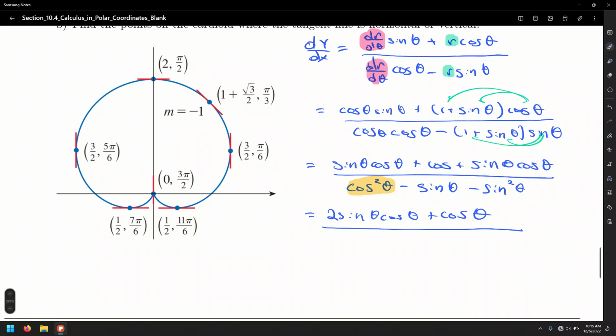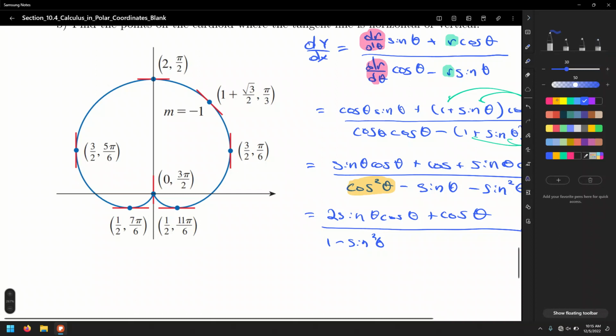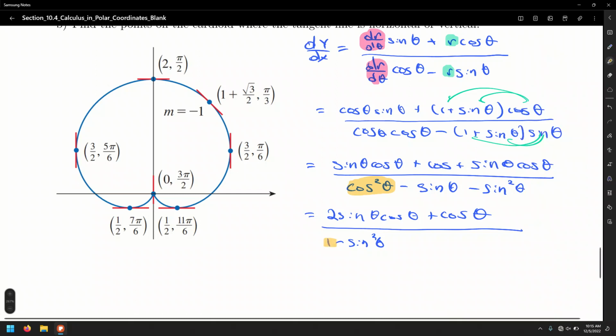From the Pythagorean identity, sine squared plus cosine squared equals 1. That means cosine squared equals 1 minus sine squared theta. And I'm going to highlight it with the same color just so you can see where this is coming from again. And that's minus sine squared.